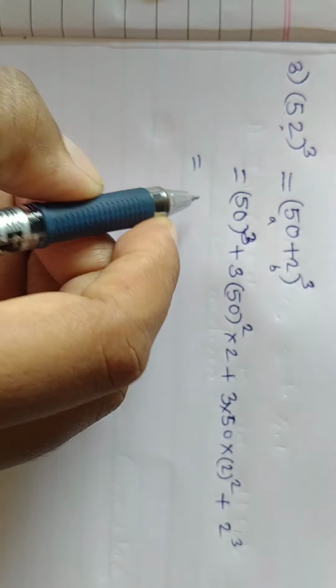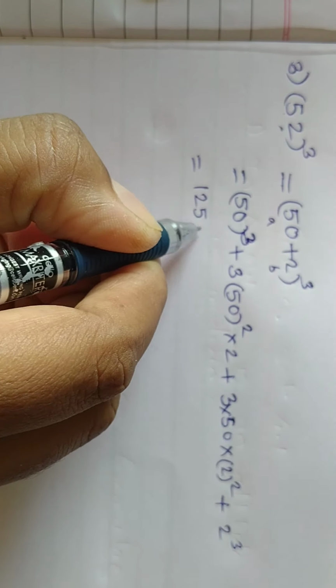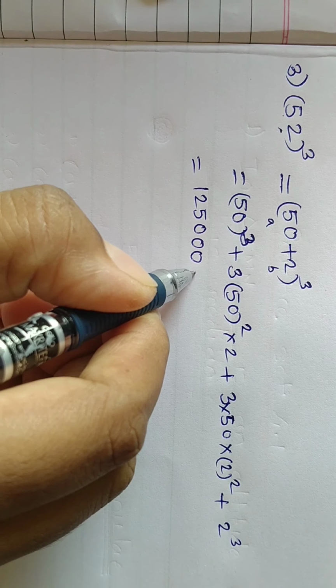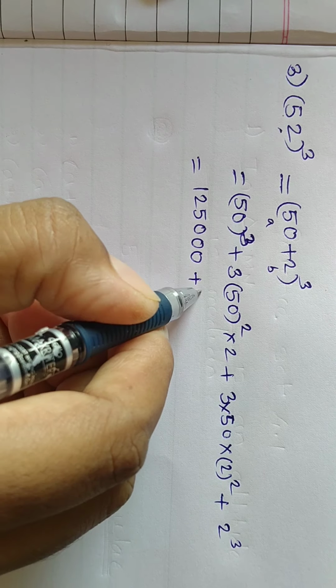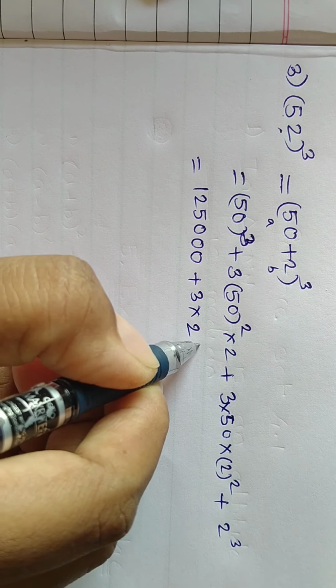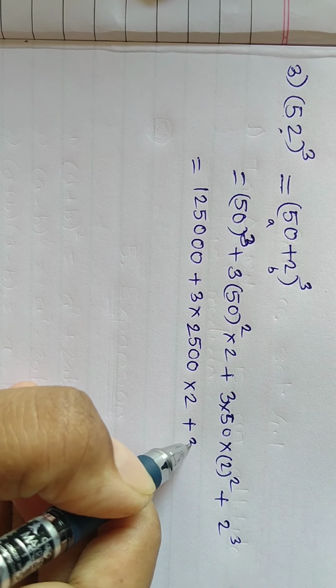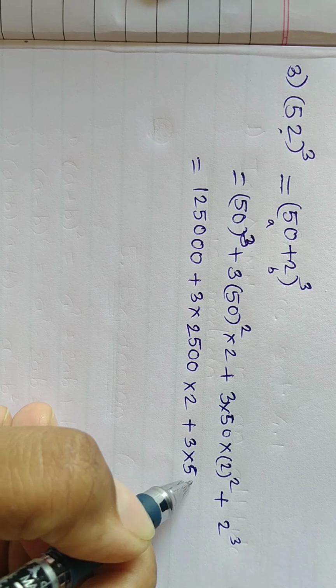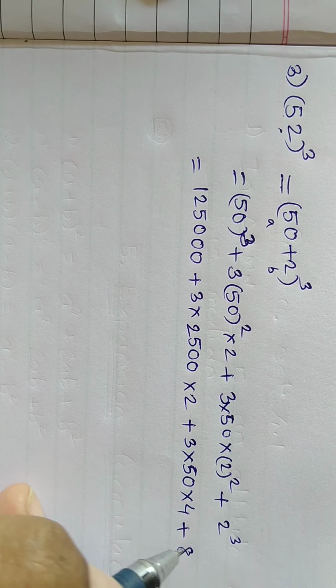Cube of 50 means 125000, 50 square into 3 into 2, plus 3 into 50 into 4, 2 square is 4, plus 2 cube is 8.